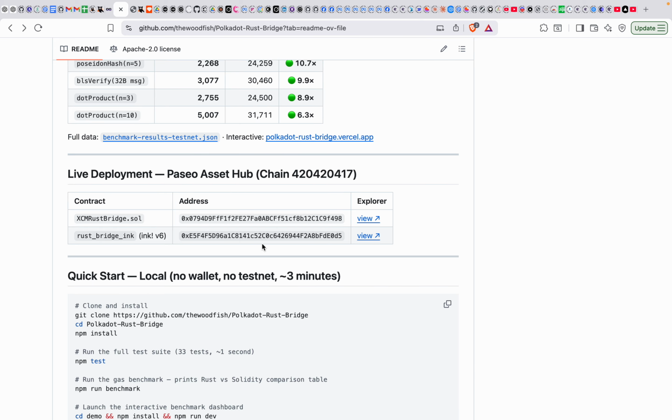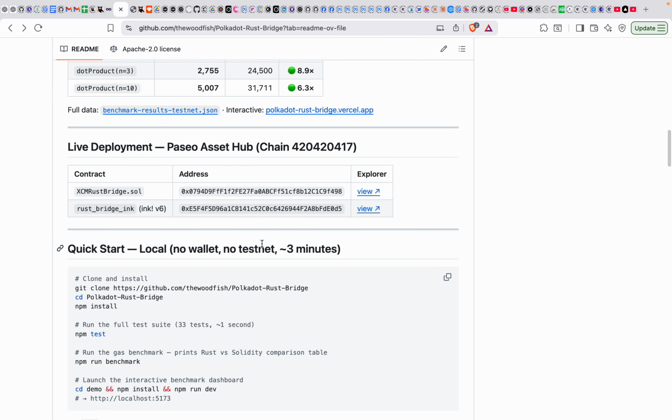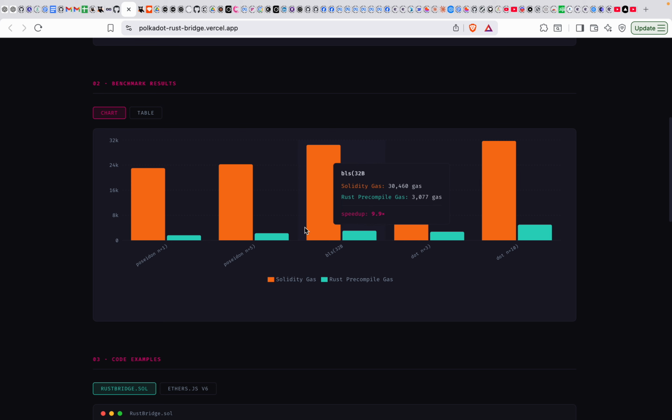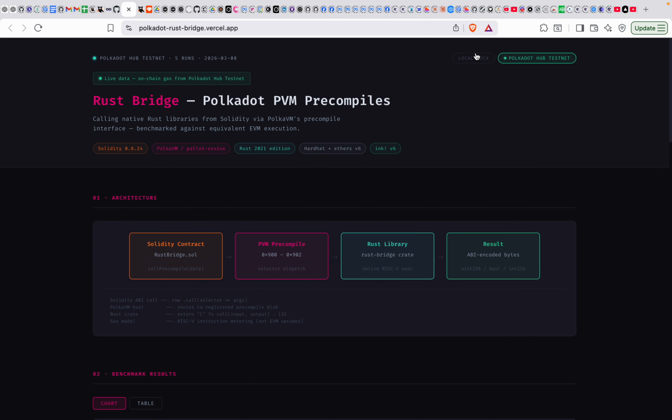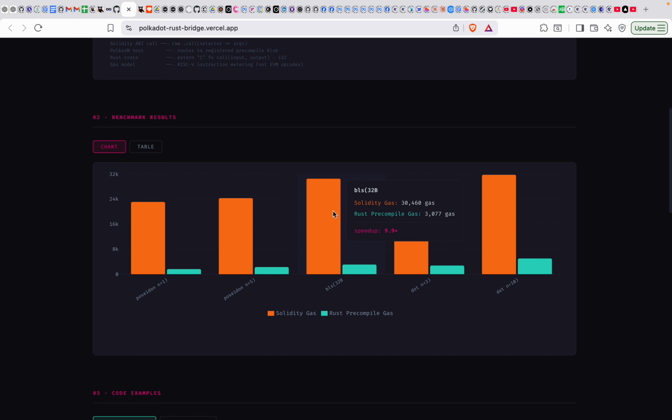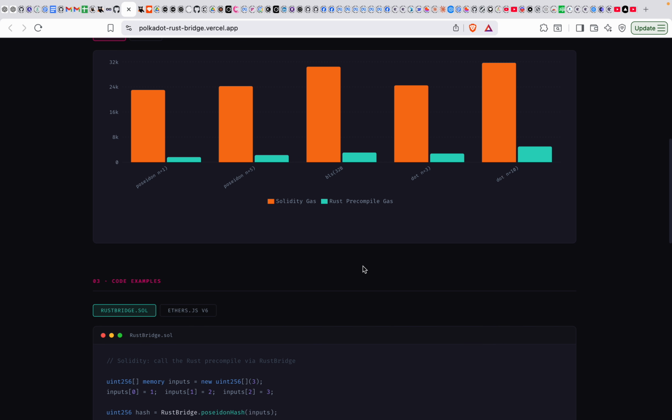I want to be upfront about the scope. The math primitives here are demonstrations. Here are the comparisons: here is deployed on the testnet, and here is local, so we can see the difference between Solidity and calling it from Rust. So the math primitives here are demonstration implementations only.